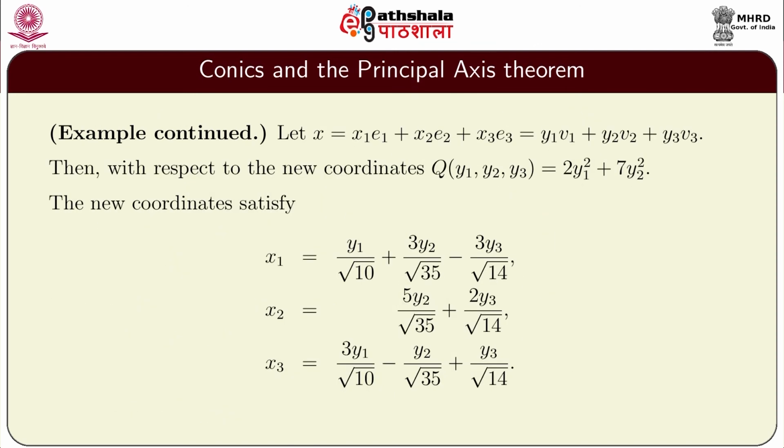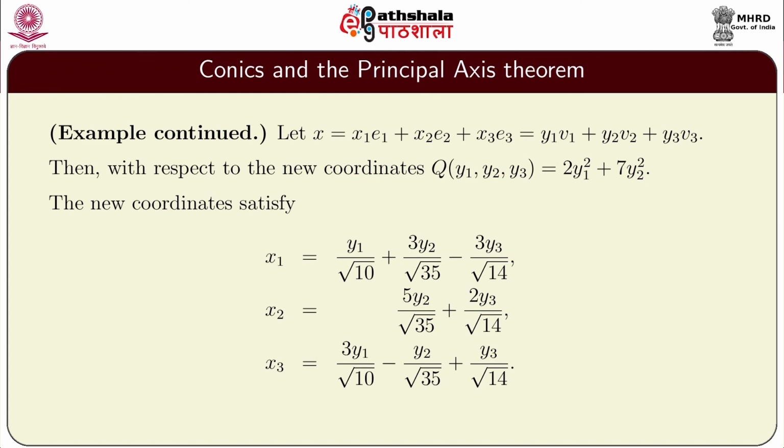Now, for the point x, if x1, x2, x3 denote its coordinates in the usual coordinate system, in other words with respect to the standard basis, and y1, y2, y3 are the coordinates with respect to the new coordinate system, that is the new orthonormal basis we created with the help of v1, v2, v3, then with respect to these new coordinates, we can write q of y1, y2, y3 as 2y1² + 7y2².